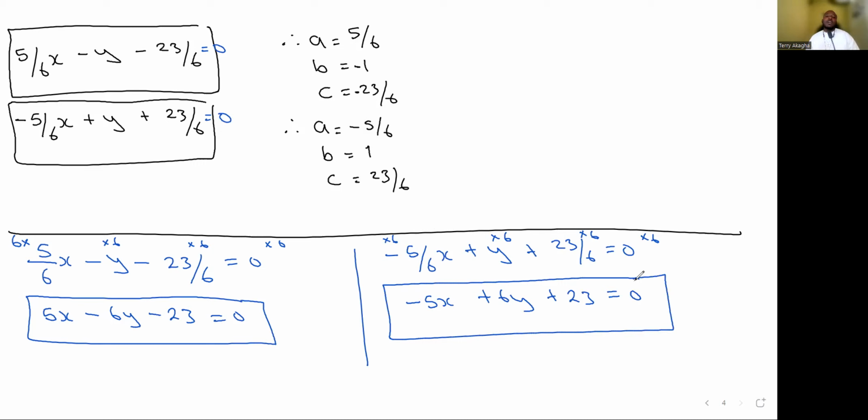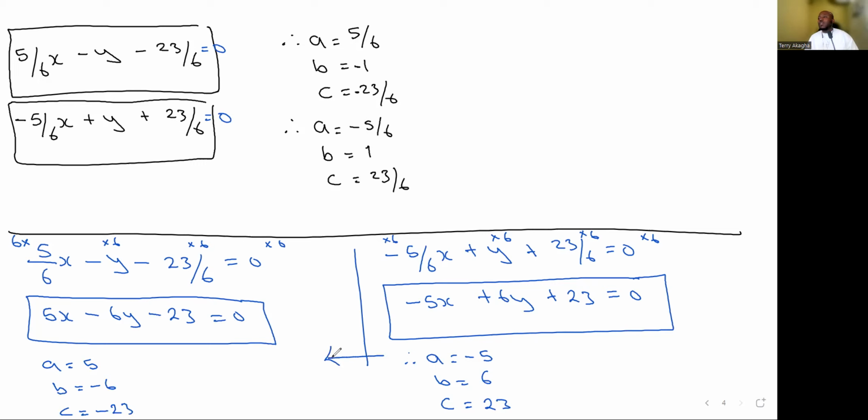And that will be the answer for that. So that means in this case now, the A will be minus 5, the B is going to be 6, and the C is going to be 23. Are you seeing it? Here, the A is going to be 5, the B is going to be minus 6, and the C is going to be minus 23.